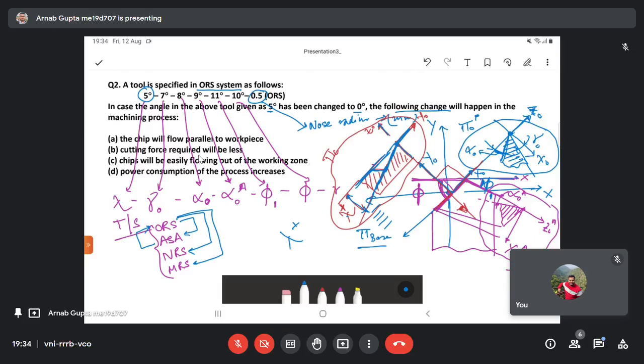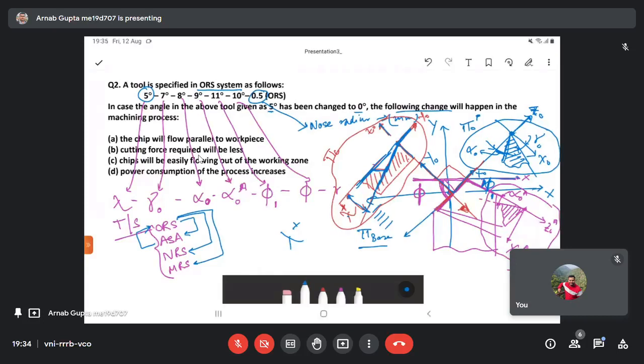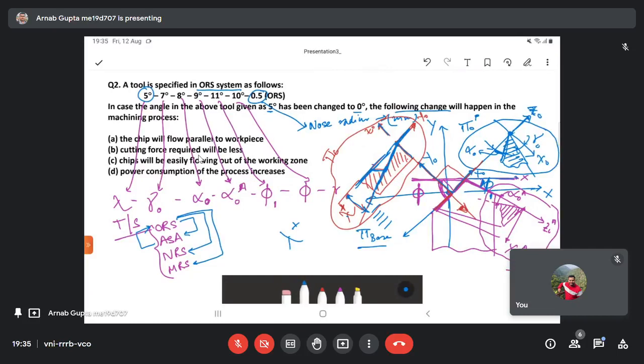On the longitudinal plane, longitudinal means the xz plane, we name it as back rake angle, and on the transverse plane, we name it as side rake angle. So these are the different terms. Similarly, inclination angle is also a type of angle which is associated with the rake surface. So we are visualizing it on the cutting plane.